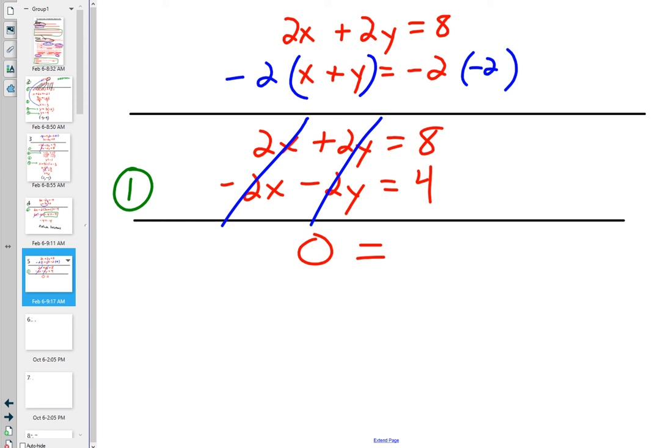On the right side, no? Yeah, the left side is nothing. Everything canceled. The right side would be 12. So the question is, is 0 the same as 12? And because I do not have a true statement, that means the system has no solution.